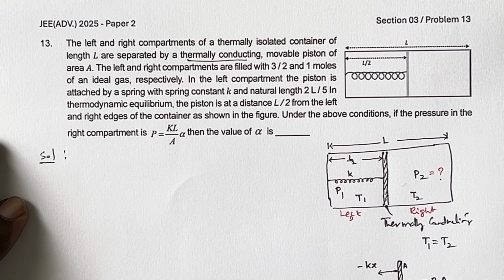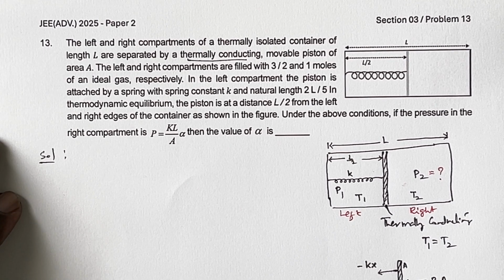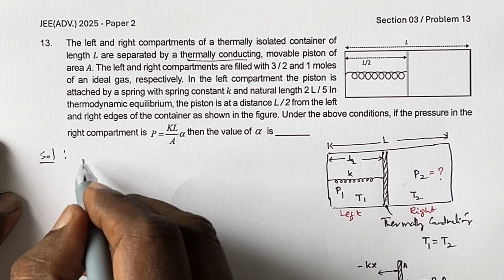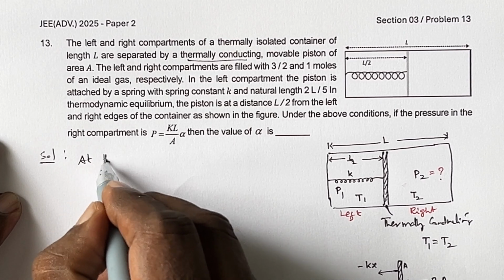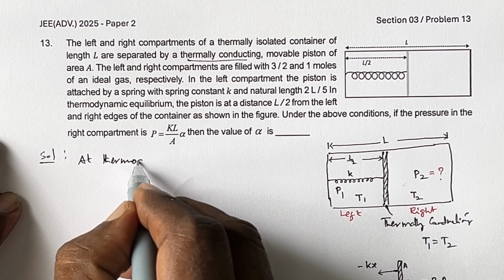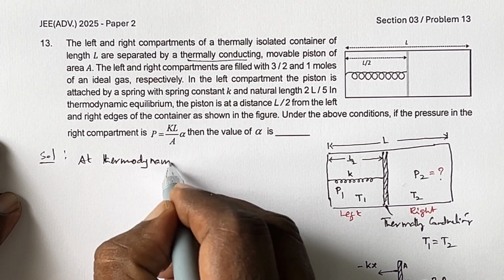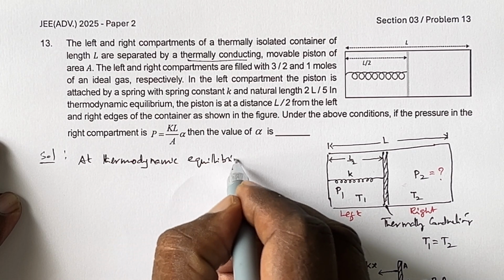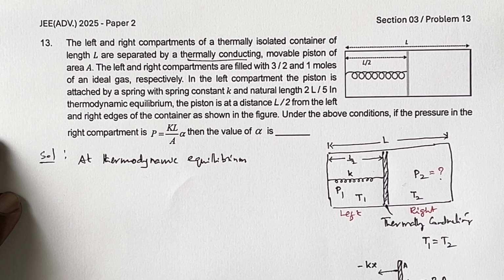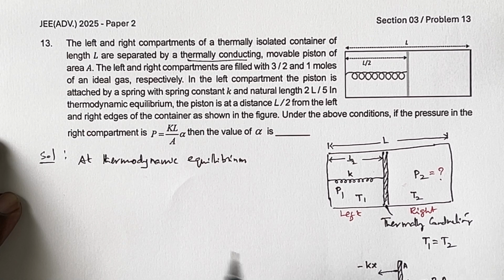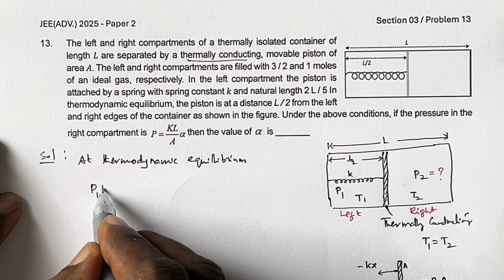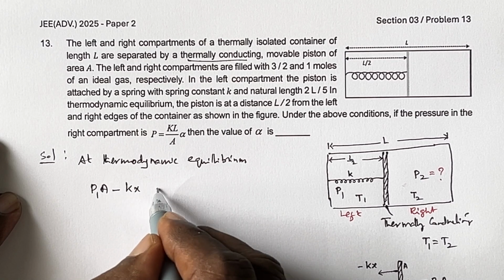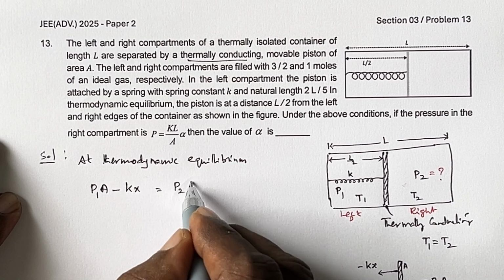So at thermodynamic equilibrium, P1A minus Kx is equal to P2A.